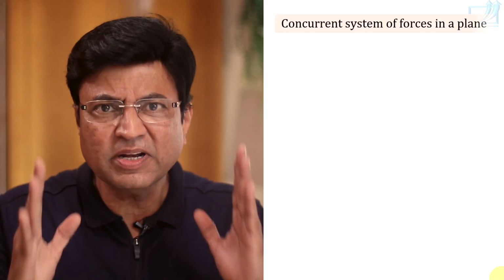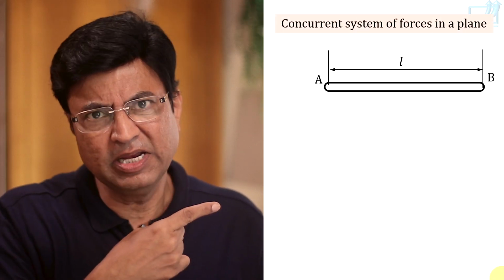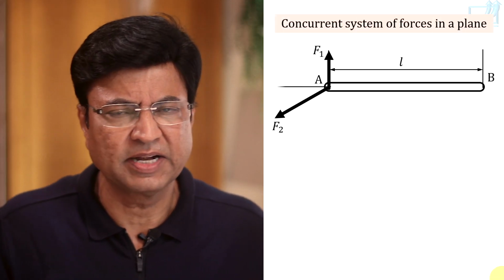Okay, let's try to know what exactly a concurrent system of forces is. A system of forces in which lines of all forces meet at one single point, that is a concurrent system of forces. For example, here on rod AB, there are three forces acting.